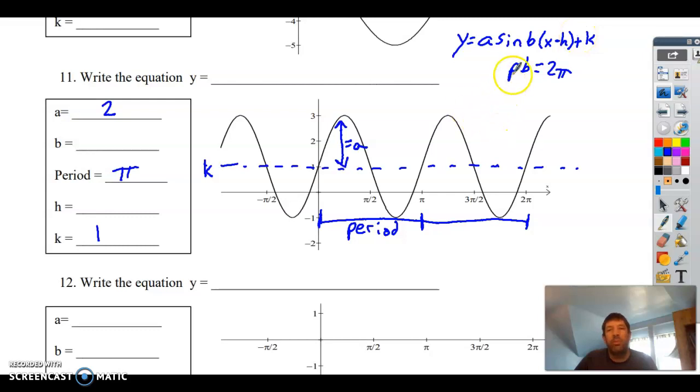So our B value will be 2. Pi times 2 is 2 pi. Okay, so I'll just write this out for us. PB, so pi times B equals 2 pi. So B would be 2 pi divided by pi, or 2. So the B value here is 2.